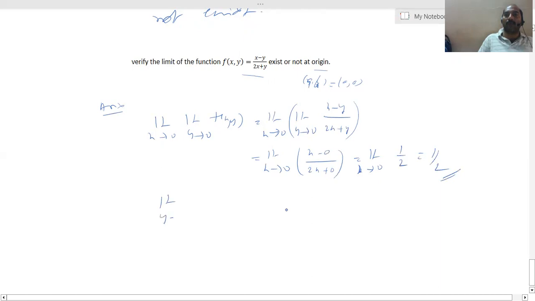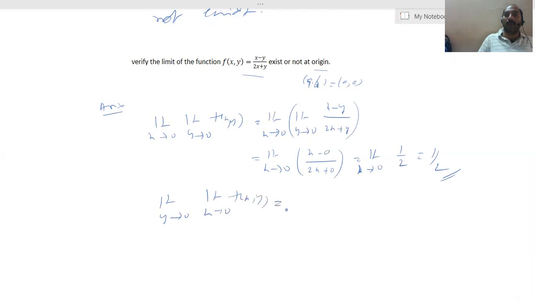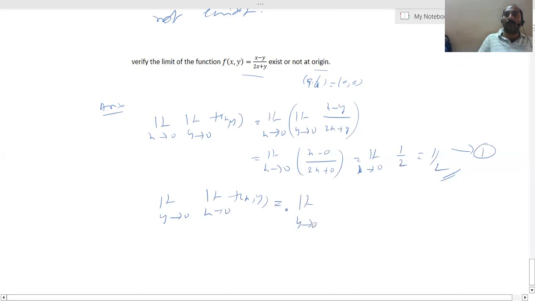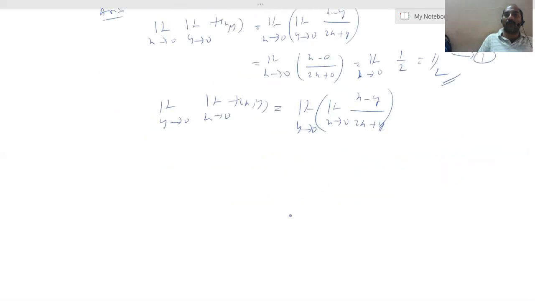Next, interchange the limit. First substitute the x value, then the y value in the function. If you have any confusion, give it equation number 1. Limit y tends to 0, limit x tends to 0, f of x is (x minus y) by (2x plus y). Substitute this value in the function.